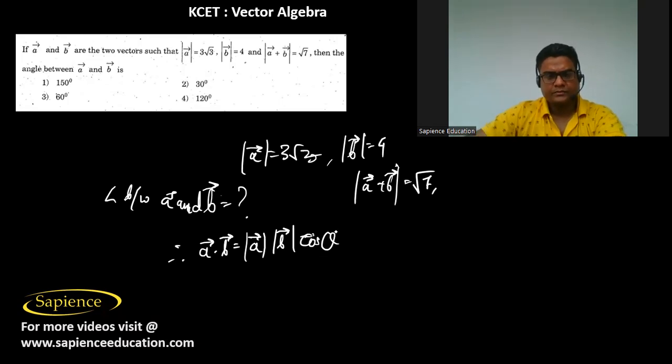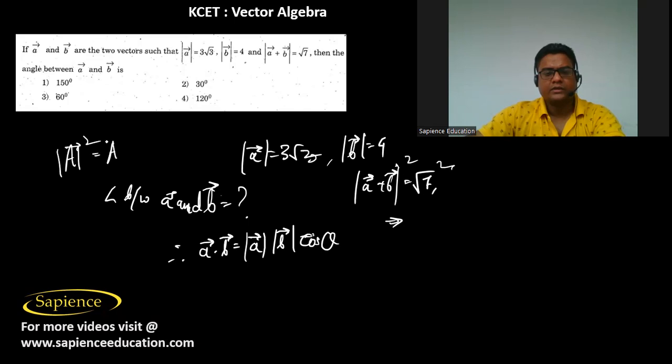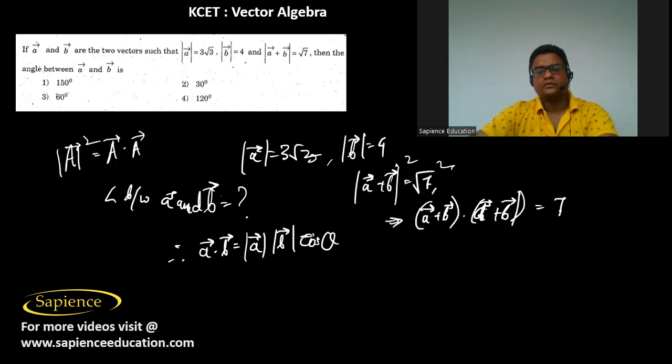So here, if we take the square on both sides, then we know that magnitude of a square is equal to a dot a. Similarly, this you can write as a plus b dot a plus b, that is also equal to root 7 square, that is 7.